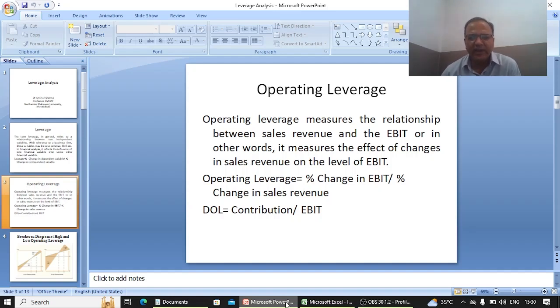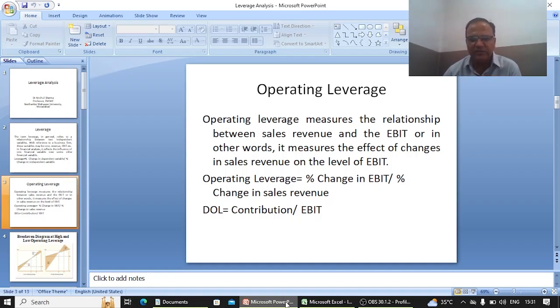Now, if I take an example, for example, a firm is using a capital structure of 100 lakh in which it has 50% equity and 50% debt. So this leverage is called financial leverage.